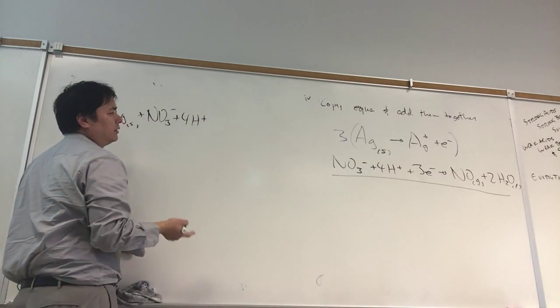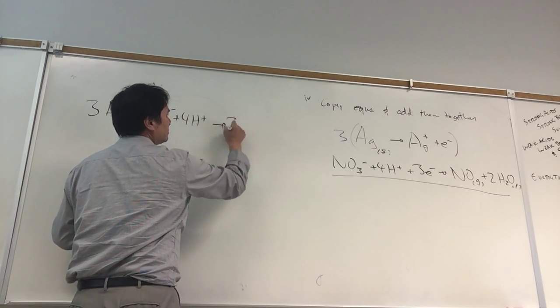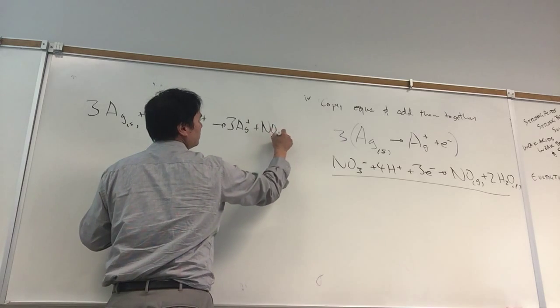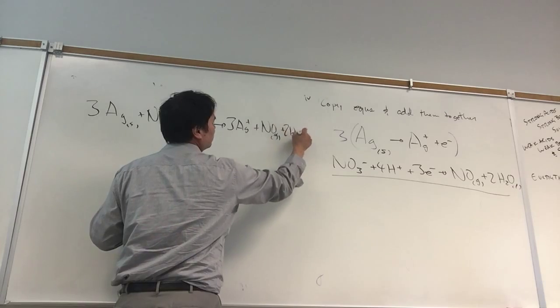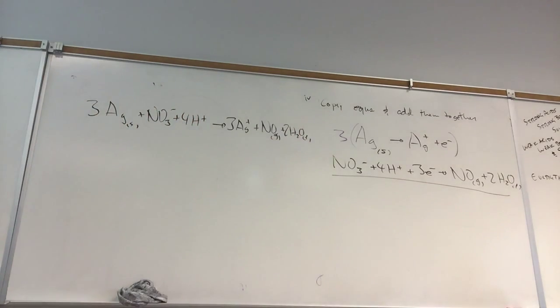This is going to consume and produce 3 electrons, so the electrons will cancel, they must. It's going to produce 3 silver ions plus NO gas, nitrogen monoxide, plus 2 H2O liquids. Nitric oxide, it's called. All right, this is the most likely reaction to occur.